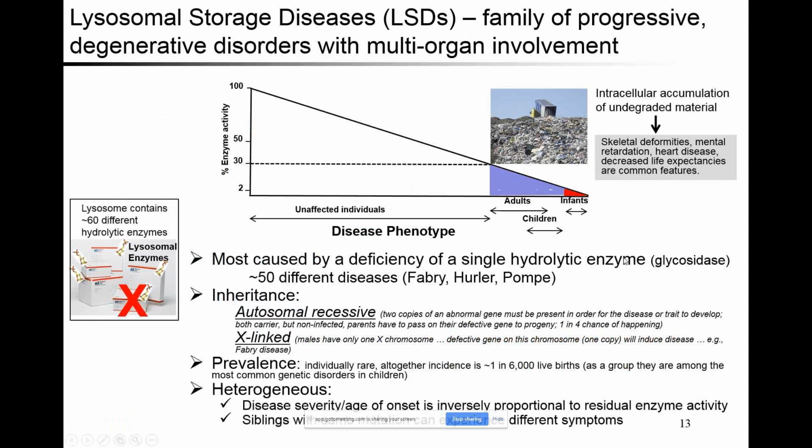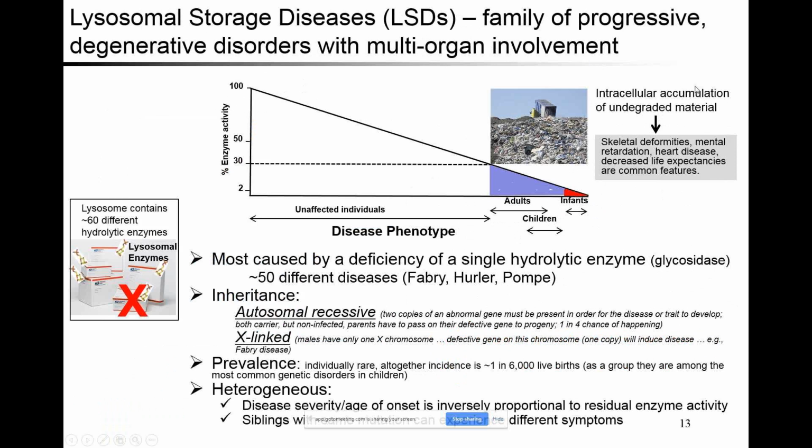I mentioned there are about 60 or so of them in the lysosome, and many of them are glycosidases. We'll go through a couple of different examples. I'll give you an example of Fabry and Pompe. Again, what happens in lysosomal storage diseases is that the catabolism of a particular molecule is affected if you're defective in a particular hydrolytic enzyme.